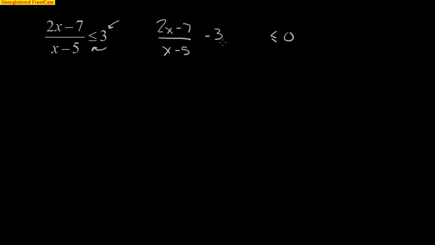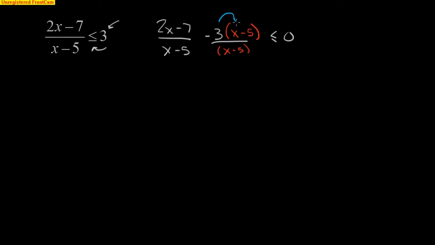Now, the reason why I left some space is because I got to combine this 3 with the x minus 5. So what I'm going to do is I'm going to use the common denominator of x minus 5. So I'm going to multiply the top and bottom here by x minus 5, because that is my common denominator in order for me to put these fractions together. Okay, so now what I need to do is I got to make sure I distribute as well.